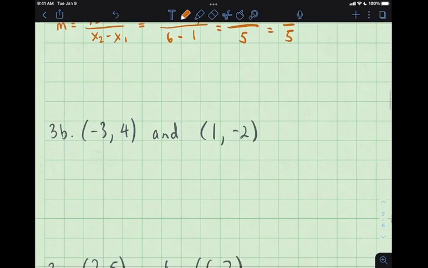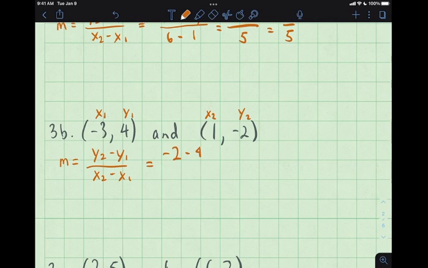Next example, more of the same stuff. Calculating slope. Here's my change in y. Do my labeling. y2, so we have negative 2, take away 4, divided by x2, 1 minus negative 3.